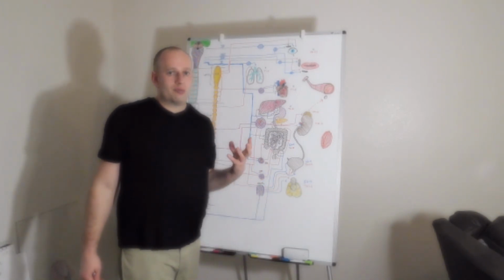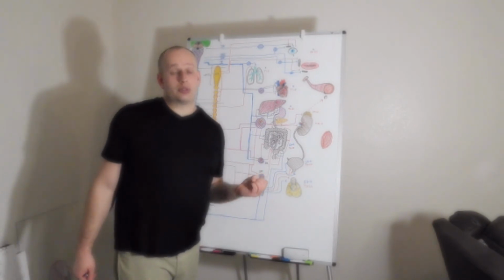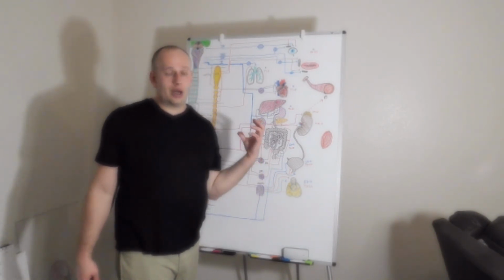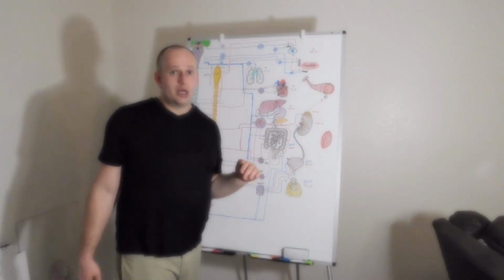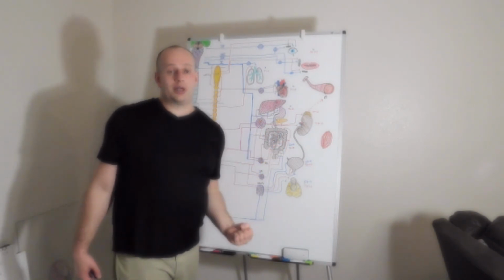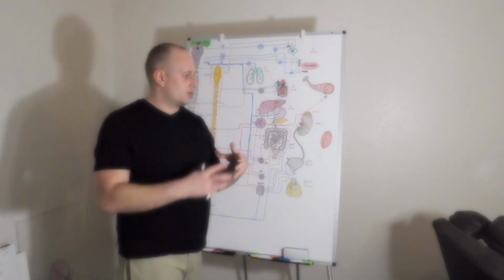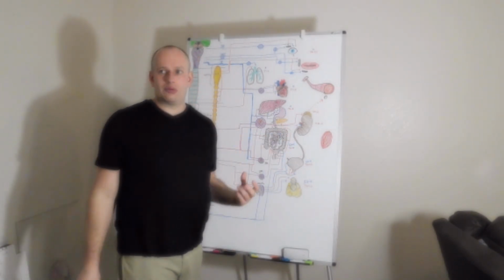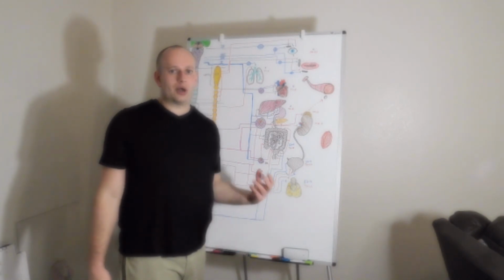So it increases lusitropy, which is how quickly you recover, which I was just talking about with SERCA, your sarcoplasmic/endoplasmic reticulum calcium ATPase. So if it pumps it in faster, you can also relax faster, which allows the heart to stretch more and then pump harder. So that increases your stroke volume and your cardiac output.